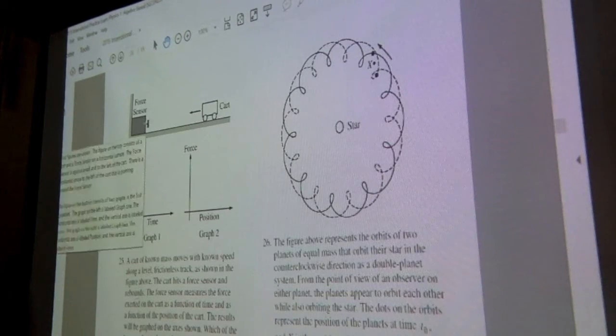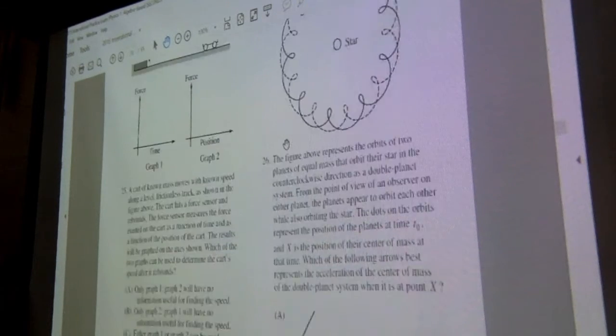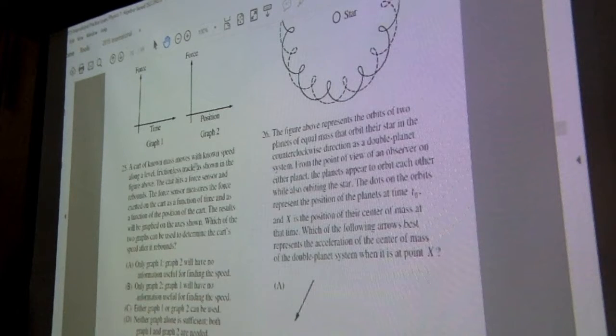Now, this is the next question. A force sensor is a gadget that senses a force exerted on it, obviously, and a cart is moving towards it, hitting it and bouncing back. So a cart of known mass moves with a known speed along a level frictionless track as shown.